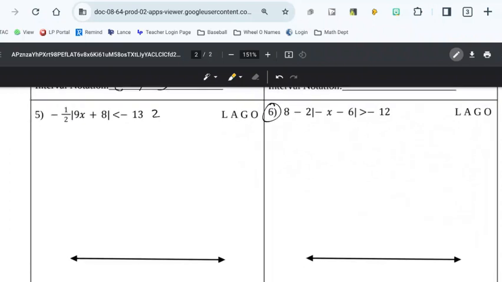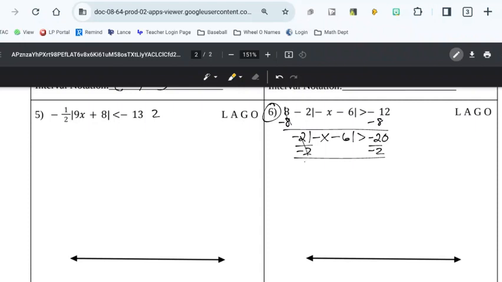Okay, so the absolute value is not isolated. We need to subtract 8 from both sides. We're left with negative 2 times the absolute value of negative x minus 6 is greater than negative 20. Now we're going to divide by negative 2.